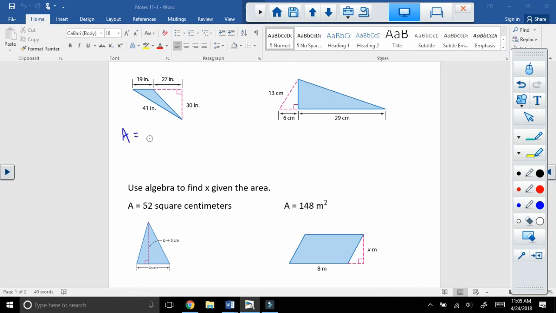Of the shaded one, yep. 19 would be the base. And then what's the height? What's perpendicular to 19? 30. So you should get the area to be 285, and that's square inches.